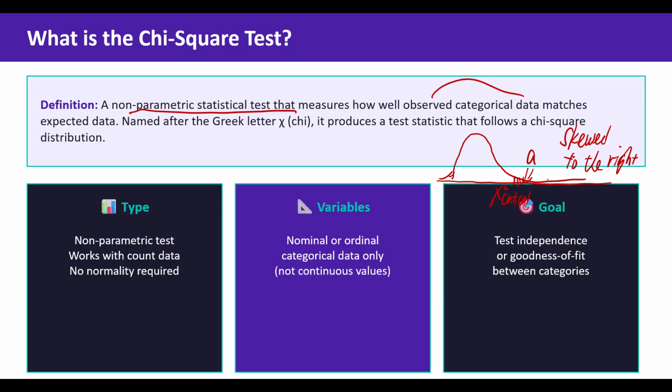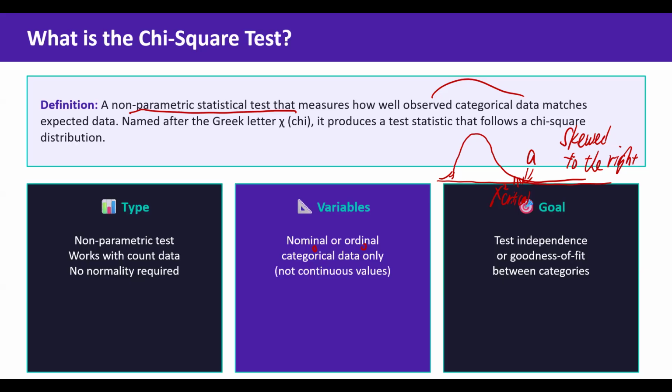This test is mainly used for nominal and ordinal data, meaning most of the time we deal with categorical data. Although there may be a measurement within each category, in a broader sense we work with nominal or ordinal categorical data.